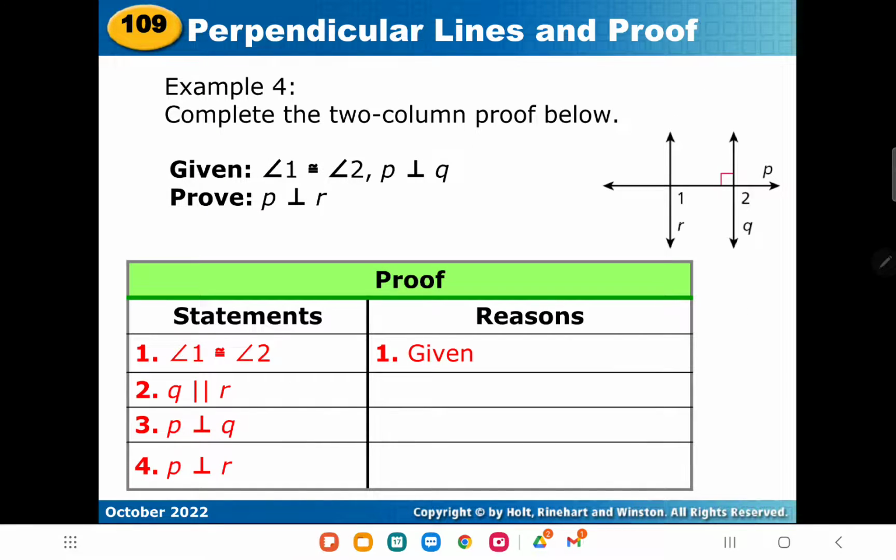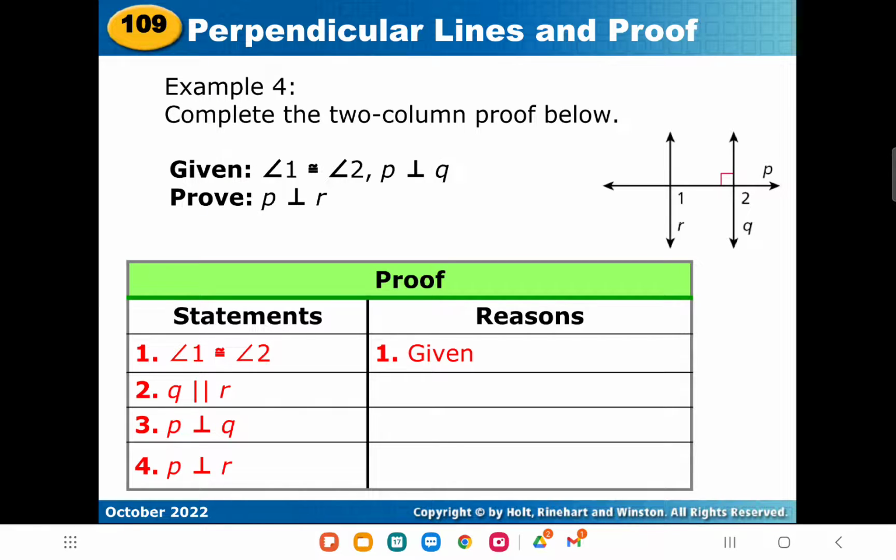Okay, so with this given, example 4, we have 1 is congruent to 2, P is perpendicular to Q. We need to prove that P is perpendicular to R. So we start with our given.